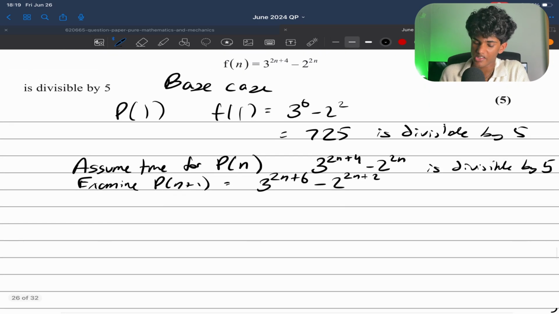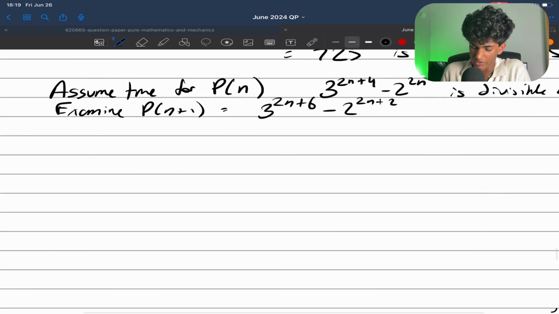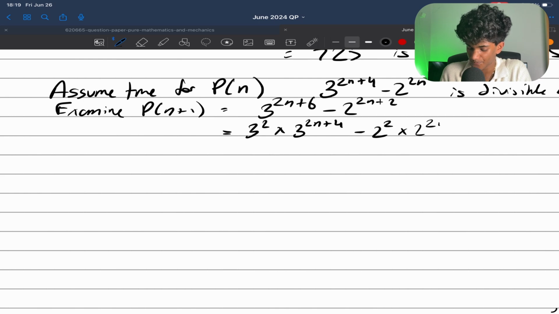So what we want to do in this kind of induction problem is we want to represent it in a form that resembles the assumption. So what we can do is we can take 3 squared out of this, and we can take 2 squared out of this. Let's do that. 3 squared times 3 to the 2n plus 4 minus 2 squared times 2 to the 2n, which is 9 times 3 to the 2n plus 4 minus 4 times 2 to the 2n.